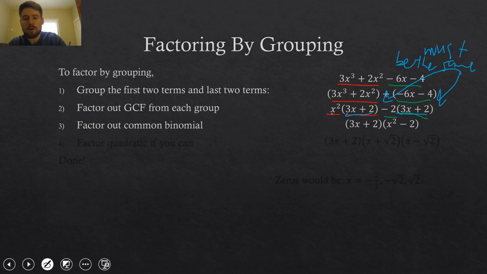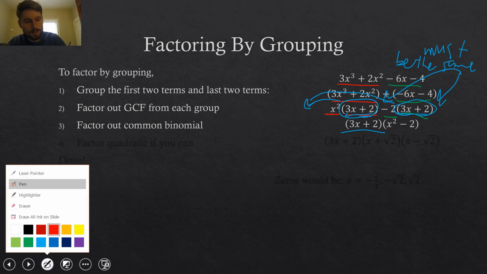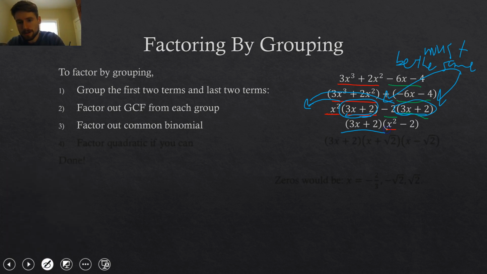So we pull a whole factor of 3x plus 2 out from both of those. So we get 3x plus 2 comes out in front. So there's our 3x plus 2. What's left is x squared and negative 2. And so we have x squared minus 2 from the greatest common factor from earlier. So x squared and negative 2 are what's left.